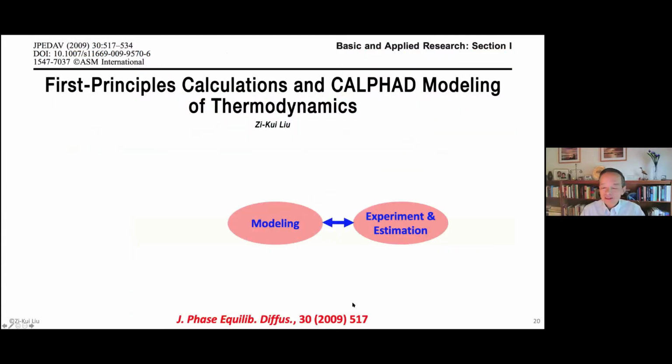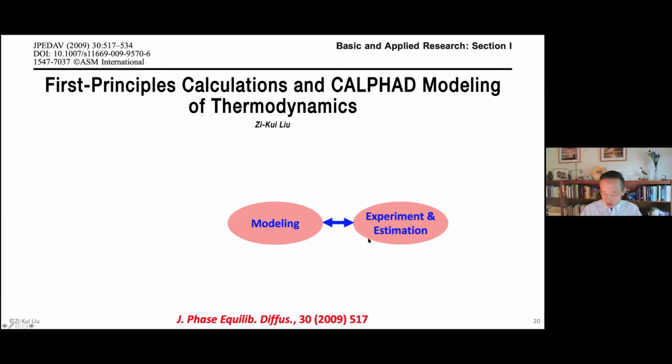All right, so let's go back to see what we really do in our calculations. If you go back 50 years, like what Larry Kaufman did, you take experimental data, you make a knowledge-based estimation, then you do the model. Then you go back to the new experiment and the new material design, you do the cycle, right?